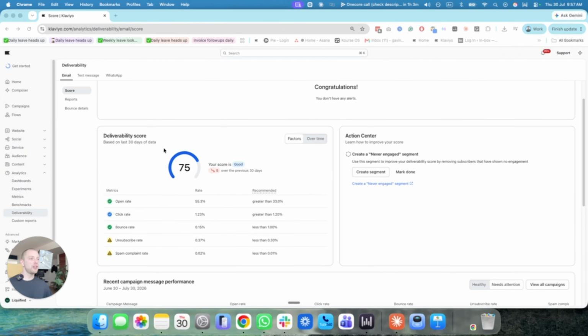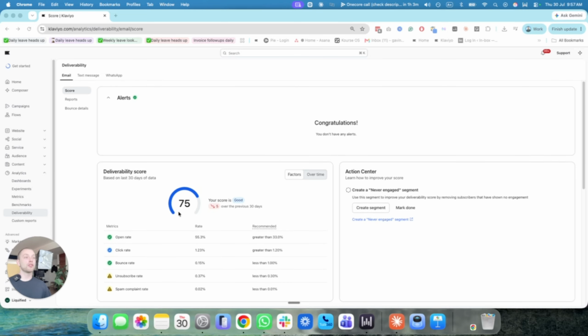So you can see here, we have a deliverability score. This deliverability score is taking an aggregate or a total of your open rates, your click rates, your bounce rates, your unsubscribe rates, and your spam complaint rates. And it's looking at those, creating an aggregate, and then giving you a number. But it's really important to understand this. This number is pulled from the emails that you are sending people.